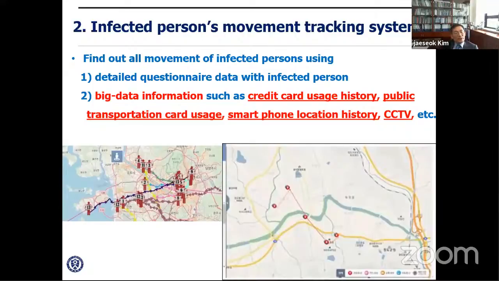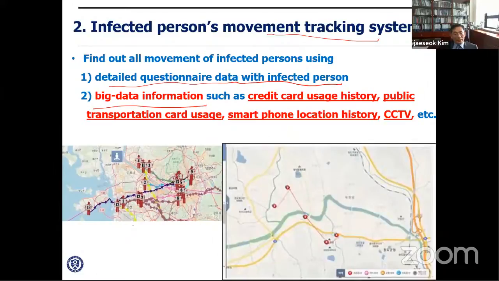The second method is a movement tracking system. This system is developed to find out all movement of infected persons using detailed questionnaire data from the infected person and big data information such as credit card usage history, public transportation card use, smartphone location history, and CCTV, etc. The left picture shows the location of the infected person with the number assigned in a specific area.